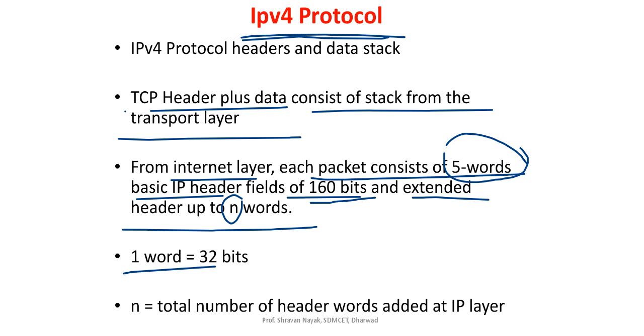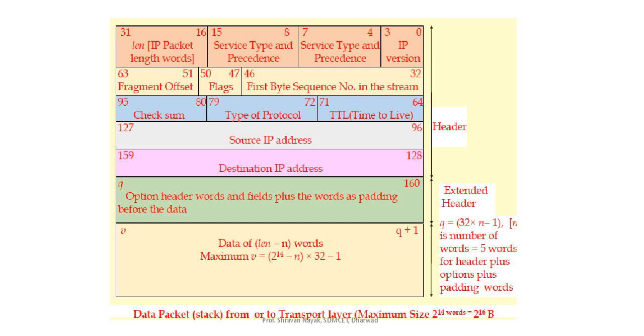Now you please, with these things, without much of the understanding of what we see here, please look at this diagram. So probably this diagram should be able to tell you how exactly the data stack is received or transmitted at or to a network layer and what an IP packet consists of, right? What exactly we mean by the header field 160 bits, then extended header field up to n, just now we have spoken about.